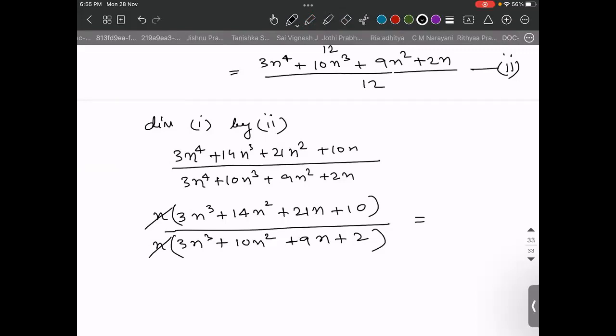And what do you need to show? 3n plus 5 upon 3n plus 1. Again, some mistake. So 3n square plus 3. Okay. We are taking 3n common.